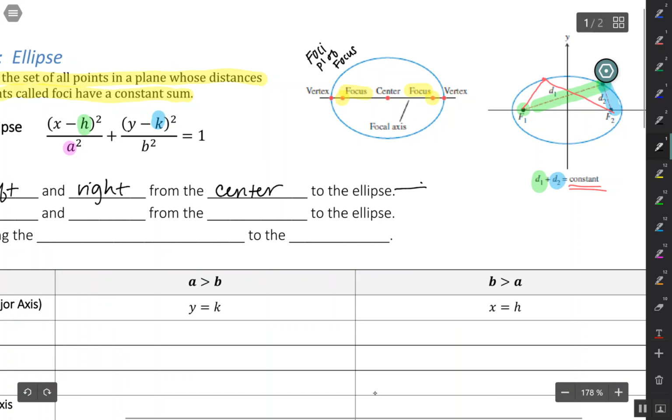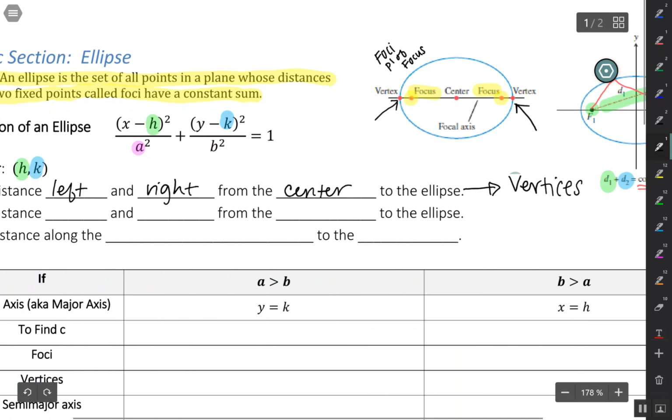At the end of this are going to be the vertices. So there are two vertices. You can see those points right there. They're actually on the ellipse.